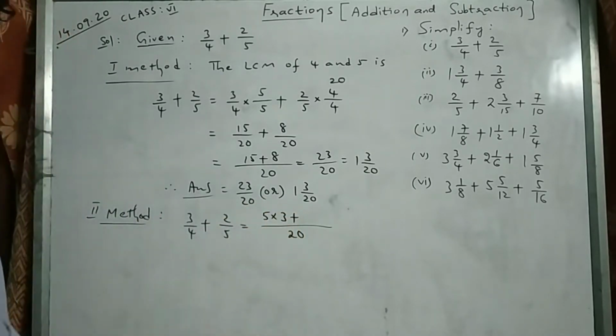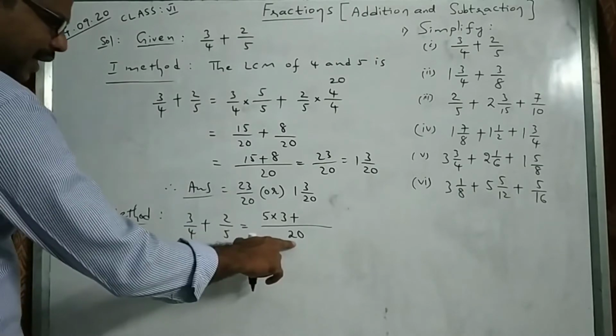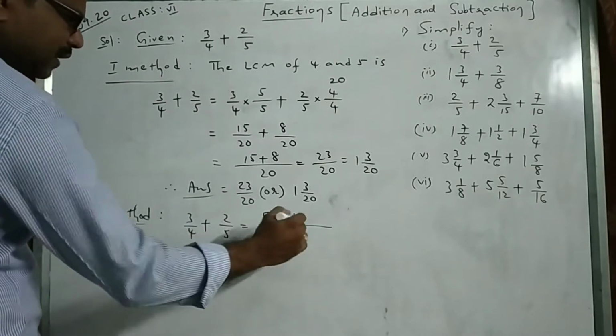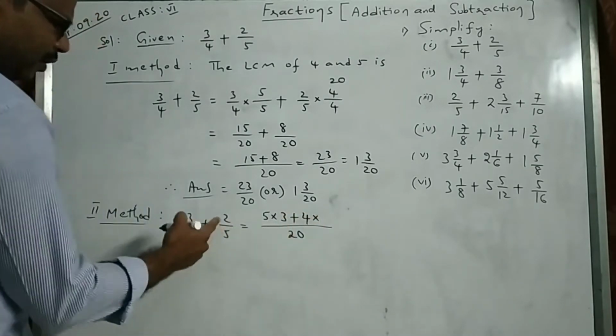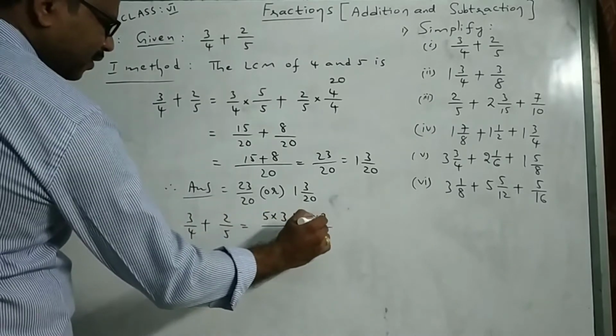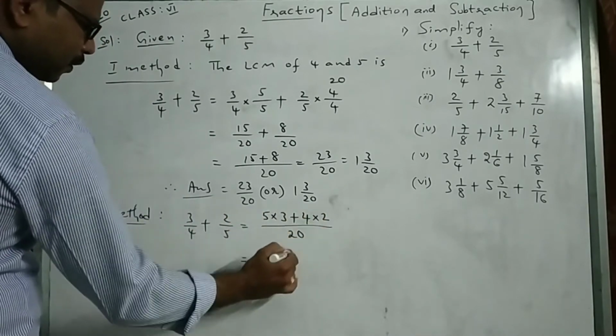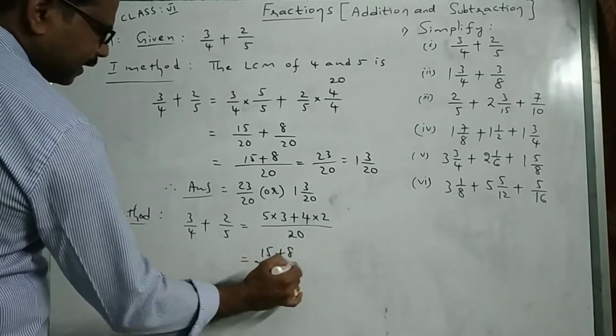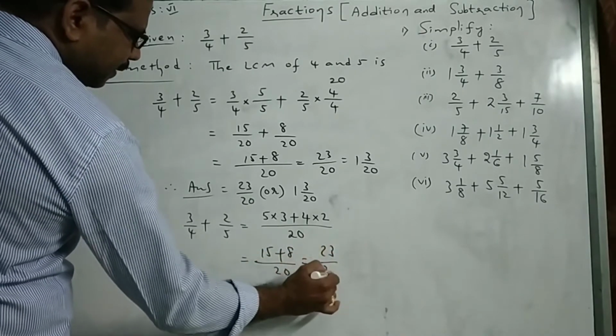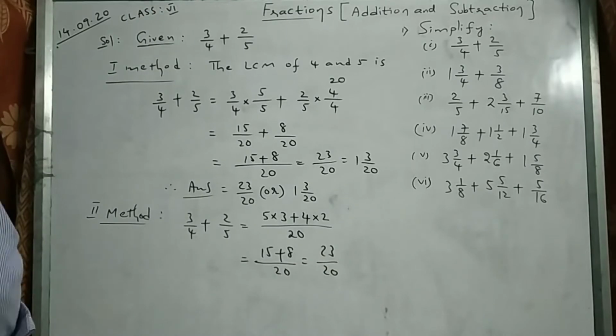Write that. 5, how many times it goes? 5 4s are 20. Into, what is the numerator here? 2. You can do like this also. 5 3s 15, 4 2s 8 upon 20. 23 by 20. This way also we can do it, no problem.